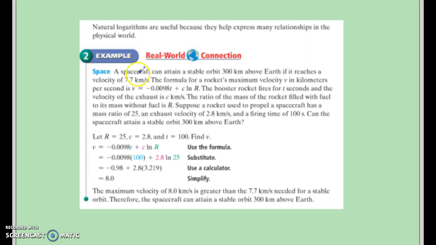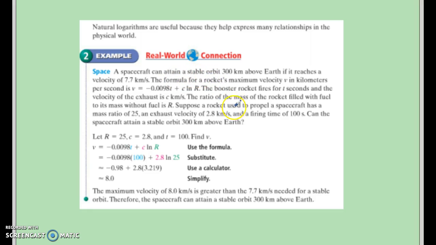The formula for the rocket's maximum velocity in kilometers per second is given right here: negative 0.0098 t plus c natural log of r. The booster rocket fires for t seconds, and the velocity of the exhaust is this c value. The ratio of the mass of the rocket filled with fuel to its mass without fuel is r. So that's where these different numbers come from.